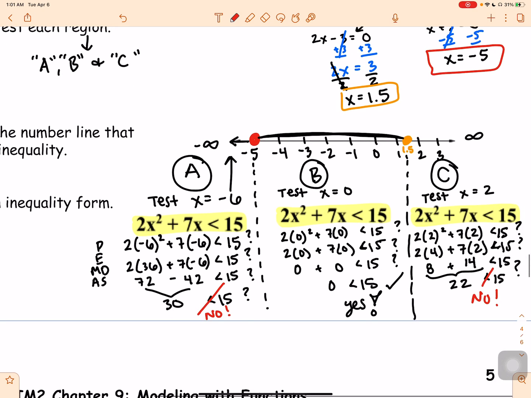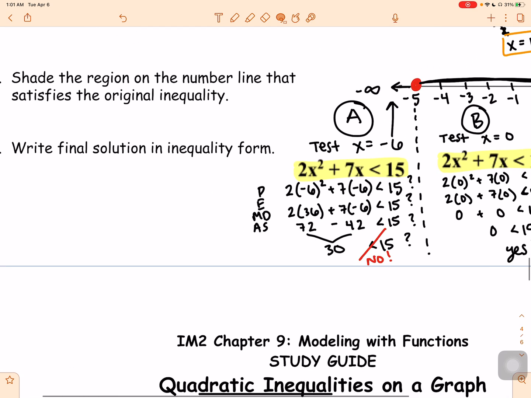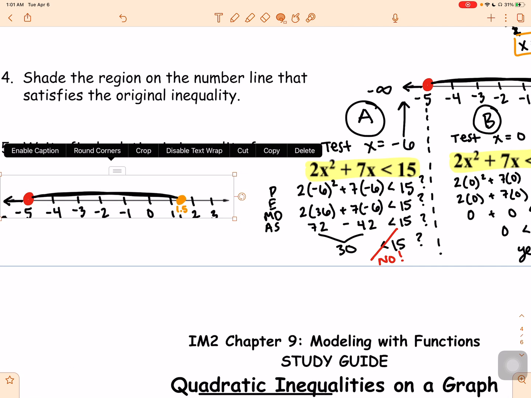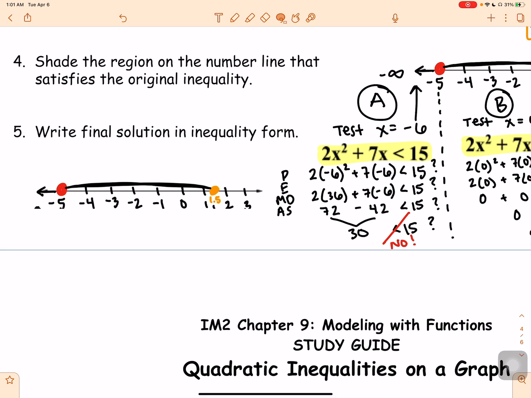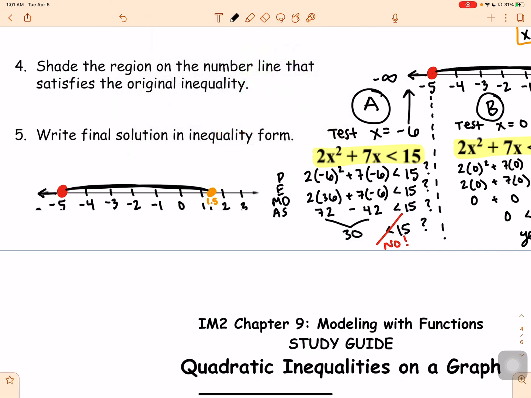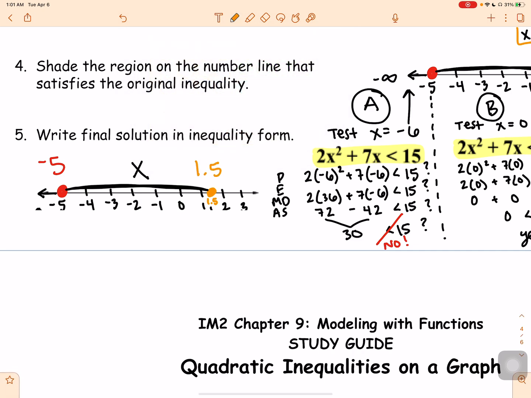So to write the inequality statement, I'm going to just take a quick little snippet of our number line, just to limit the writing that's happening over there. So here's our number line that we have. All right, so we know that x is in between the -5 and the 1.5.